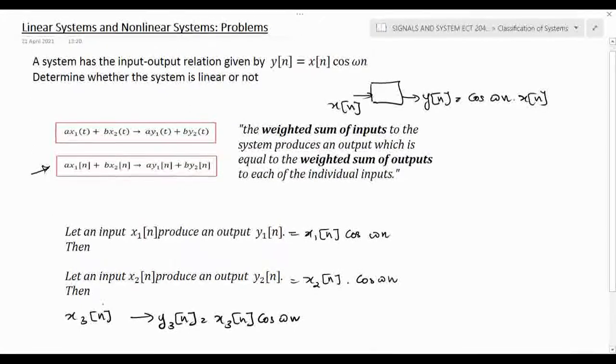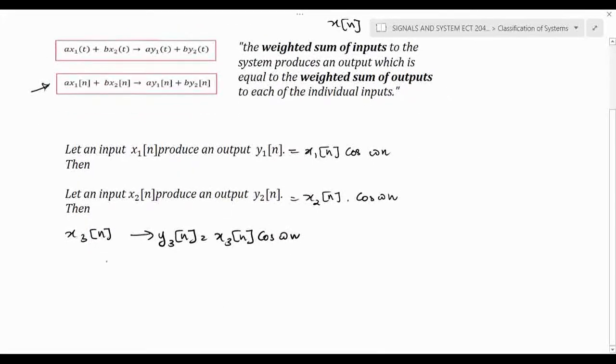And in this particular case, x3 of n is the linear combination of two inputs. X3 of n is equal to a x1 of n plus b x2 of n.